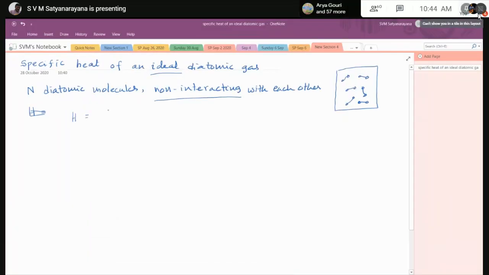So the total Hamiltonian can be written as the sum over i equal to 1 to n of h_i, where h_i is the Hamiltonian of the ith diatomic molecule.